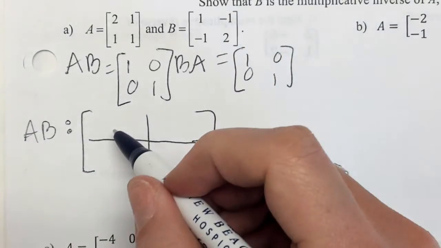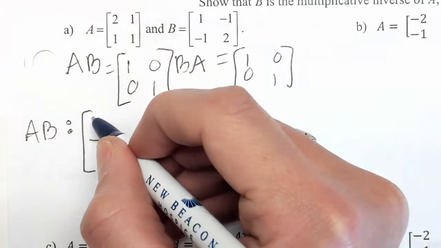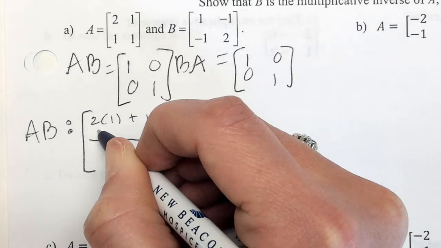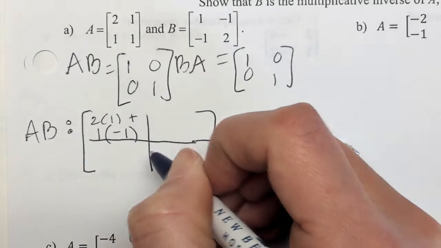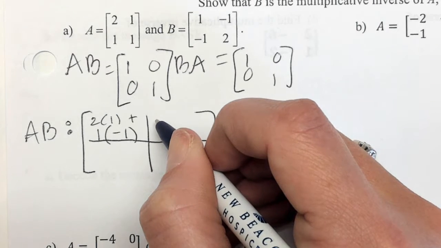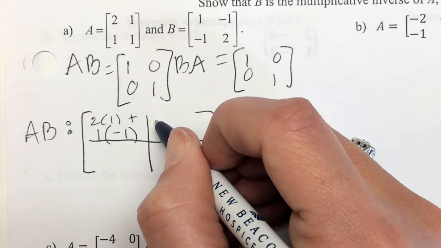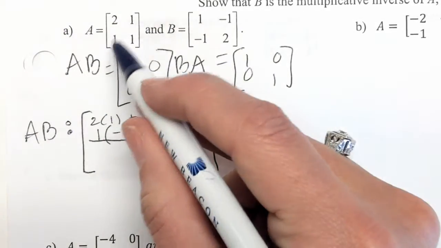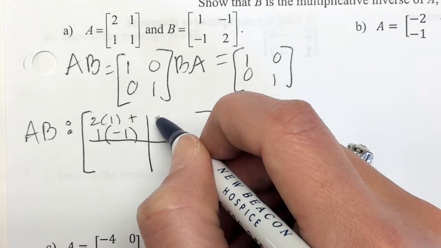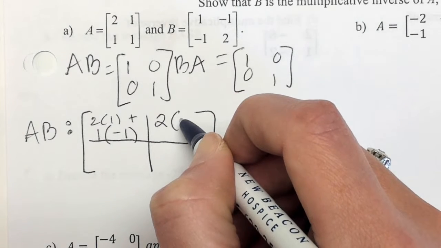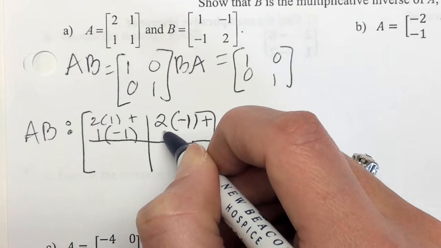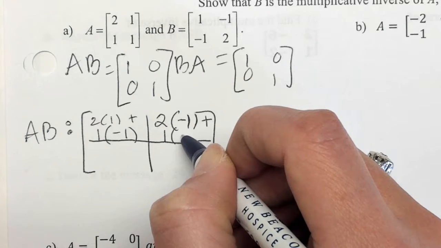Darian, what's going to be first here? 2 times 1, plus 1. Good. Abigail, next one. This spot, multiplying A times B. 2 times negative, and plus 1 times what now?